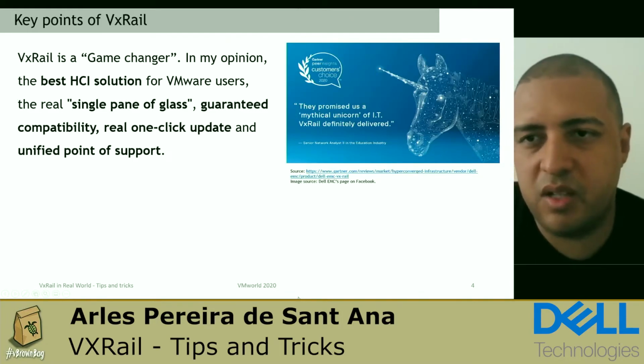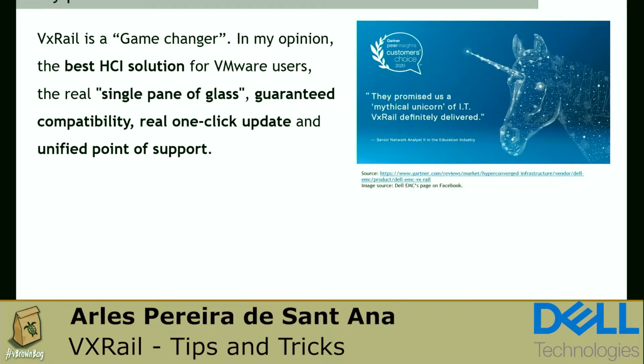the key points of VxRail. In my opinion, VxRail is a game changer. For me, it is the best HCI solution. I have some experience with other players, other solutions, but for me, if you use VMware, if you have this infrastructure, VxRail is the best solution, because of the true single pane of glass.